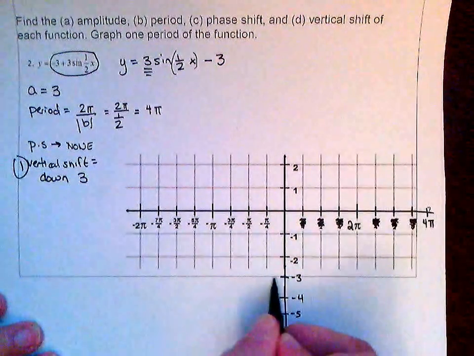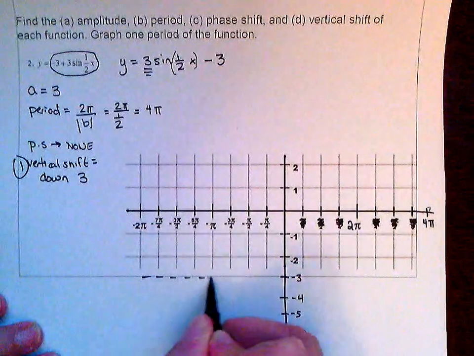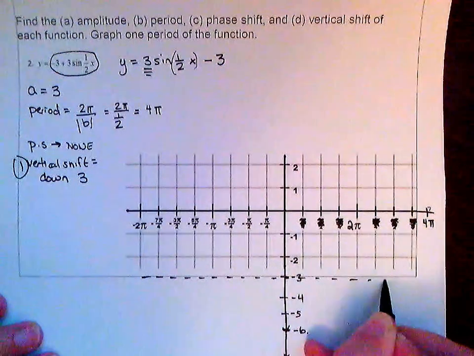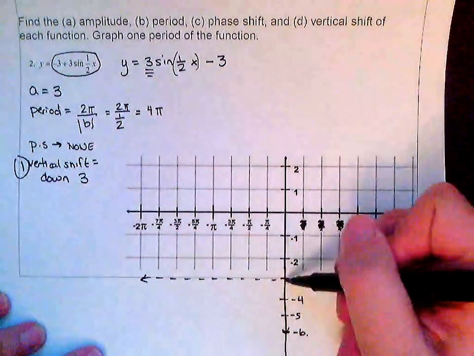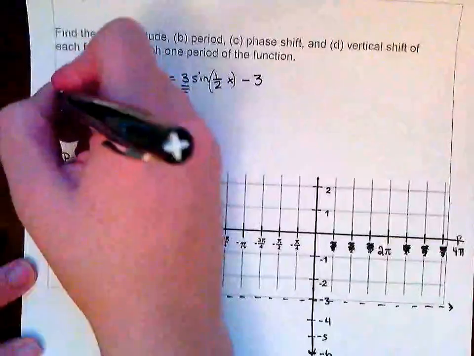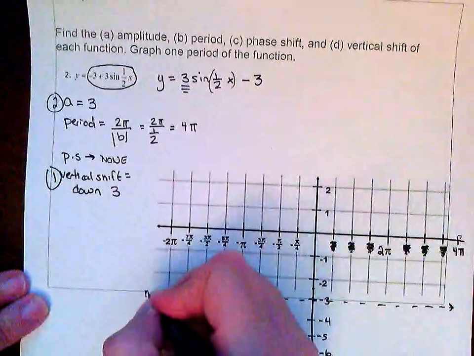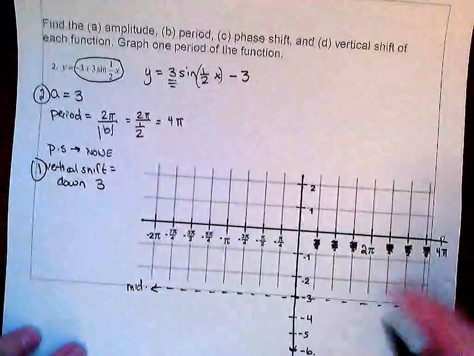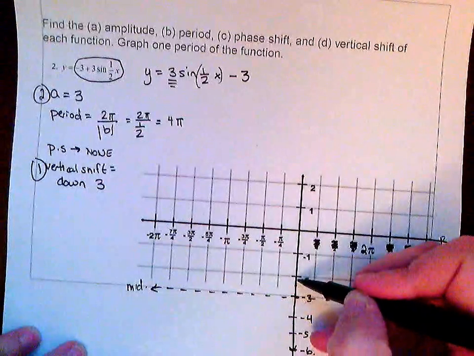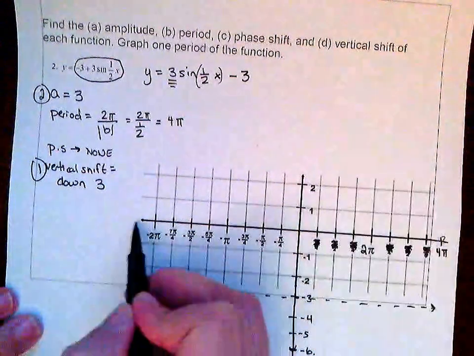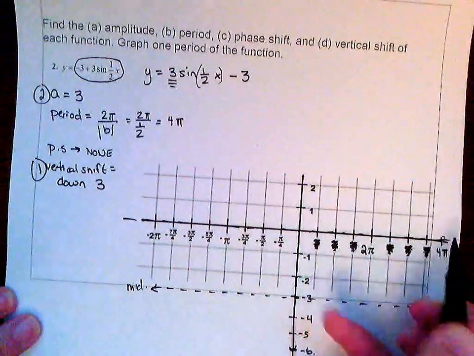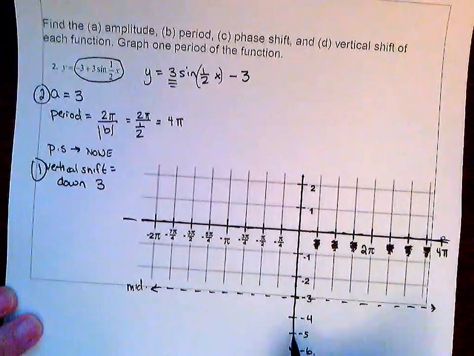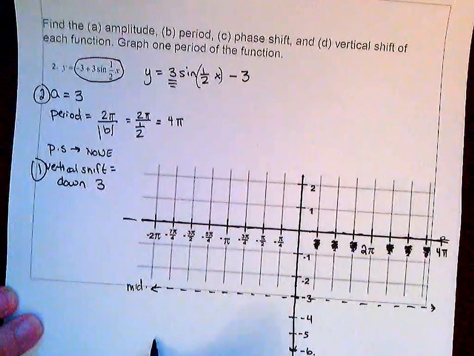So that means my midline for my whole entire function is going to be at -3. And then from this, I identify the amplitude. The amplitude is 3, so this is the middle. So the amplitude being 3, that means I'm going to go up 1, 2, 3, so my graph is going to come up to 0, and it's going to go down 1, 2, 3 to -6.